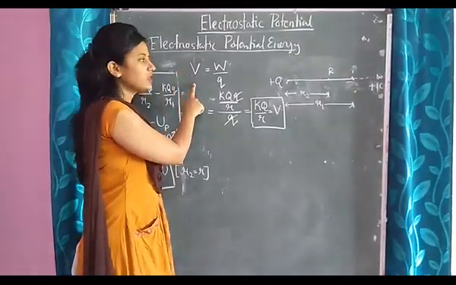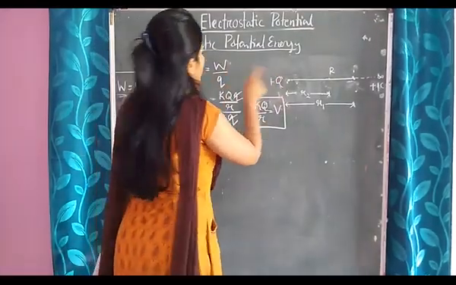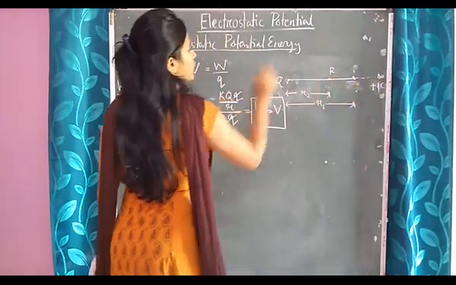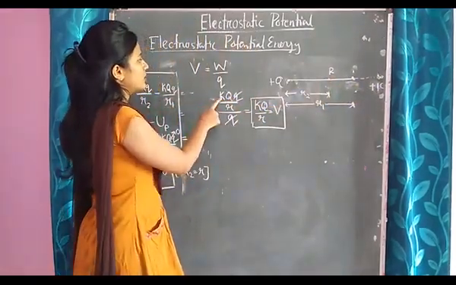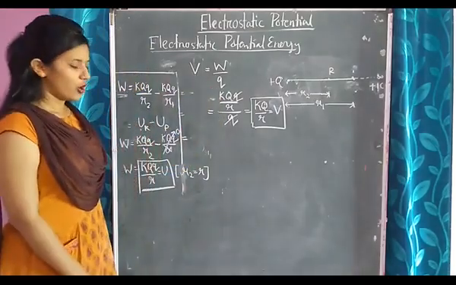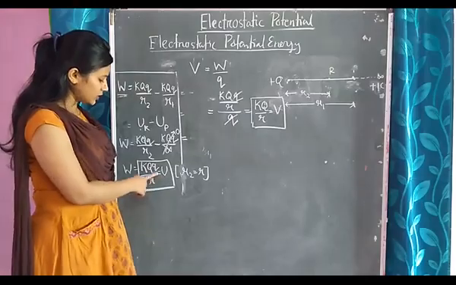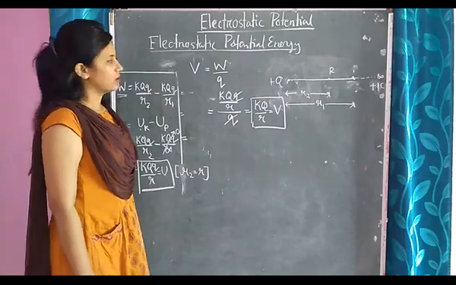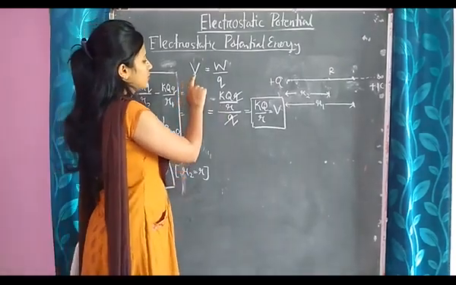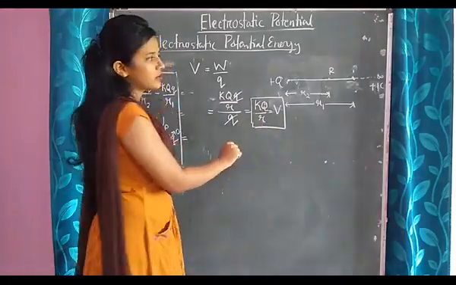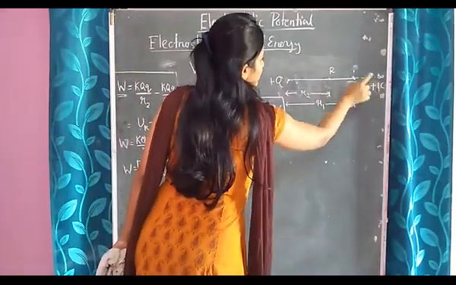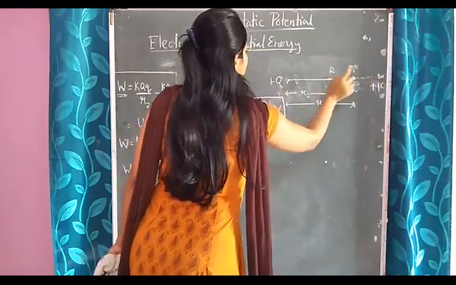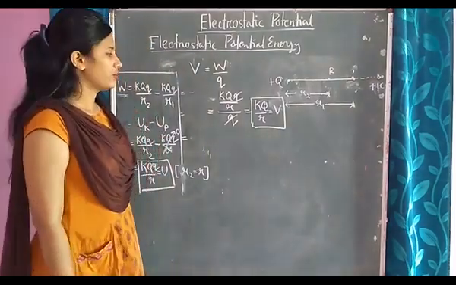So what is electric potential? In order to bring a unit charge from infinity to that point, the work done is equal to electrostatic potential. Here we got for a charged particle, here we are getting for a unit test charge. So electrostatic potential is the work done in bringing a unit positive charge particle from infinity to that point.